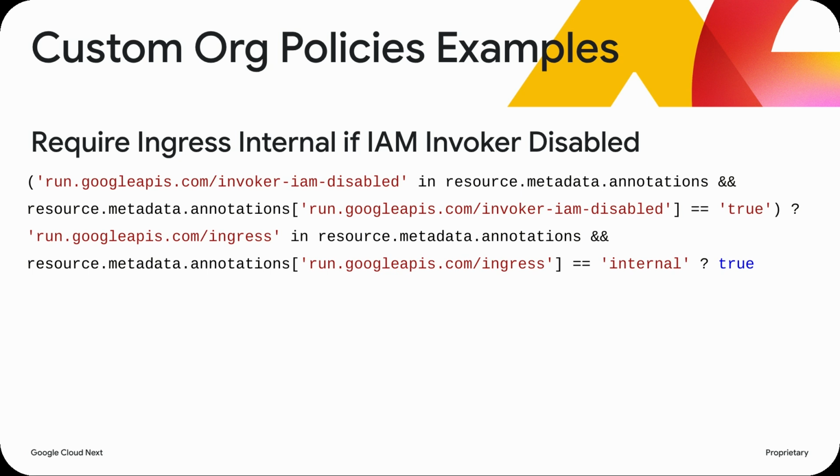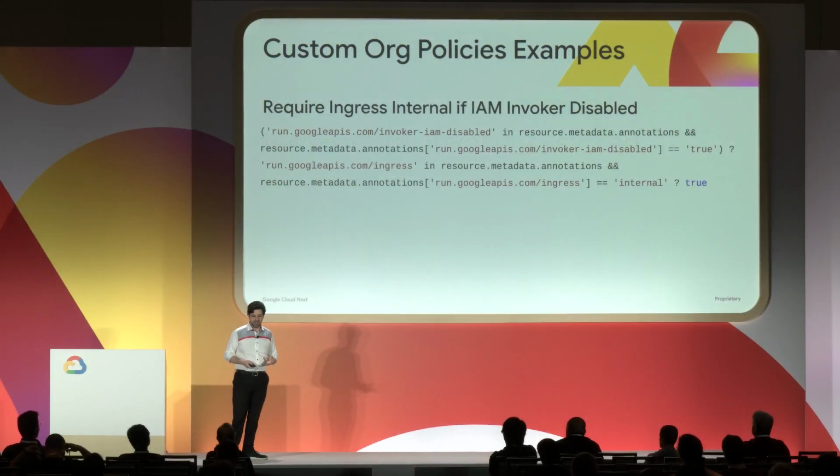The first is you can now create conditional org policies. So for example, you can write a check that if your service disables IAM that we talked about in the previous slide, then that service must use internal ingress, right here. But if the service is not disabling IAM, then public access protected via IAM is still allowed.